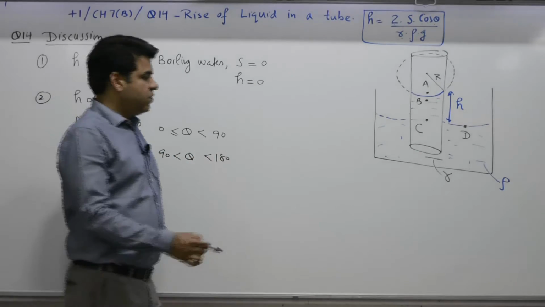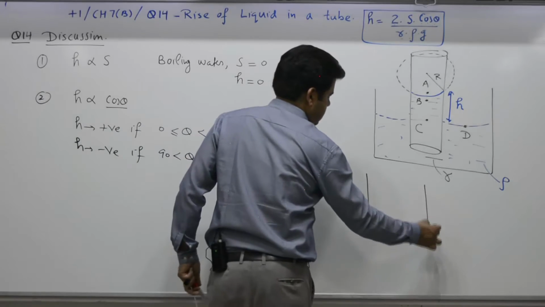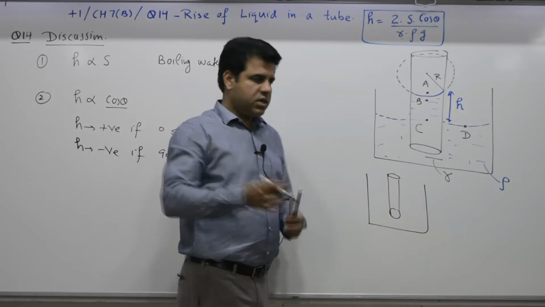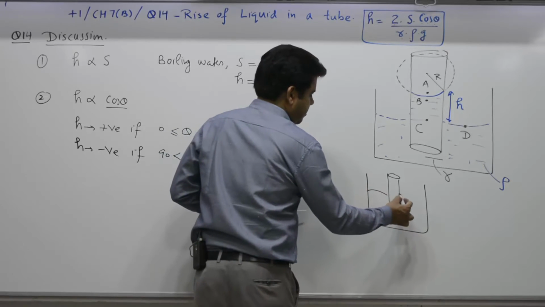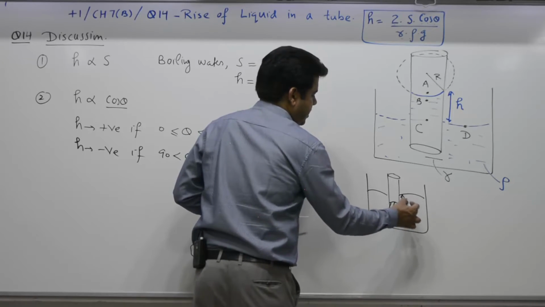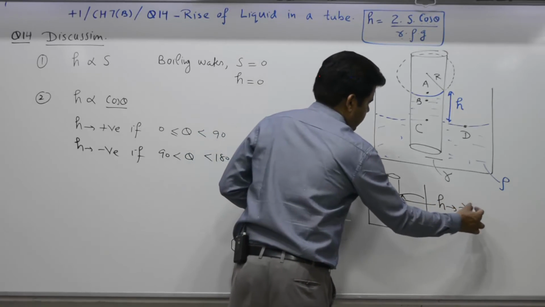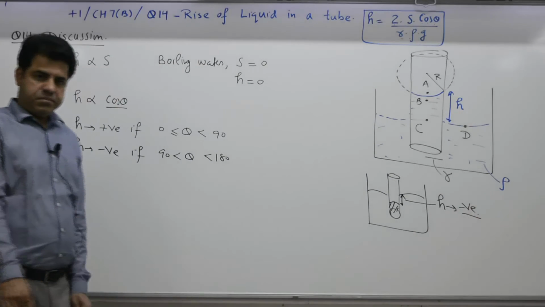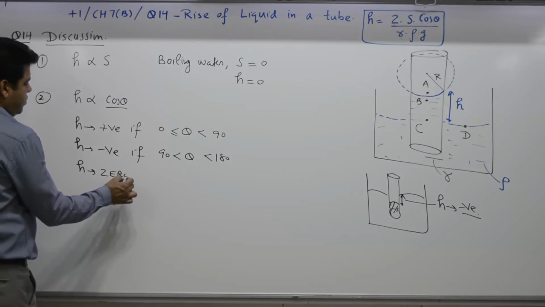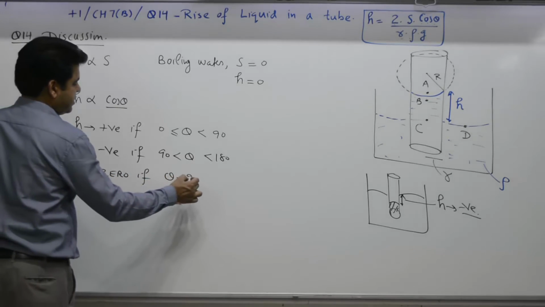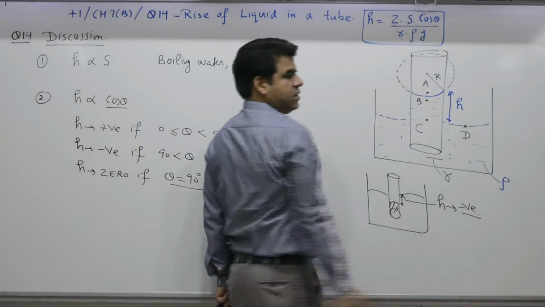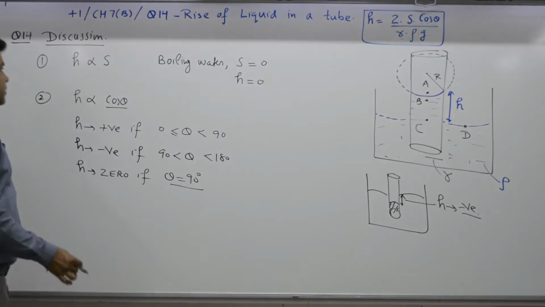For mercury, if you place a straw in mercury, then mercury won't rise above this level, but it will fall, it will dip. h is negative. h is 0 if theta is equal to 90 degrees. If theta is 90 degrees, cos 90 is 0. So h will be 0.